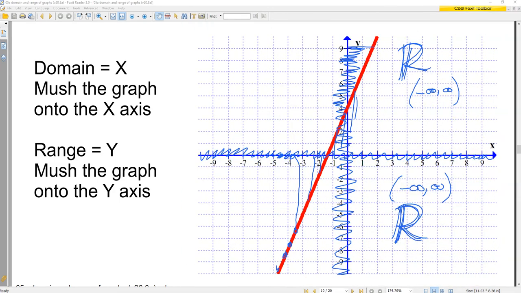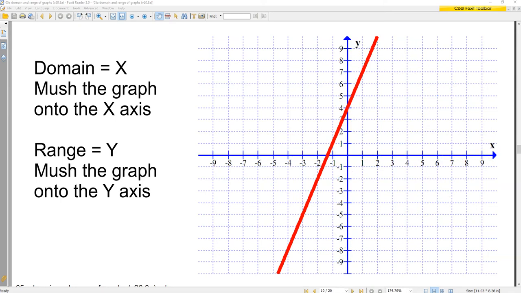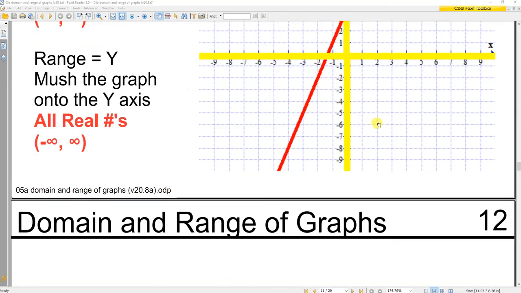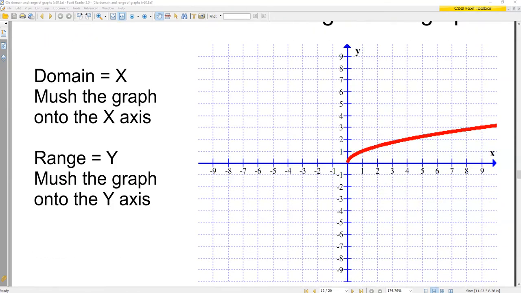All right, let's do another one of these. So all real numbers, all real numbers. So I'm going to take this and I'm going to mush it down onto the x-axis. So I have solid at 0, right?